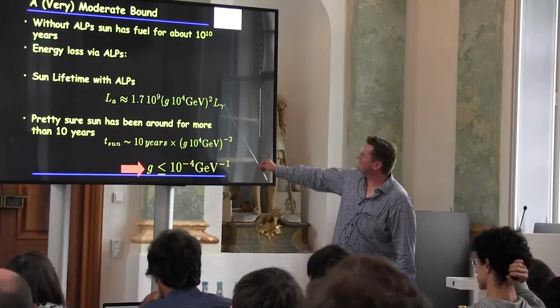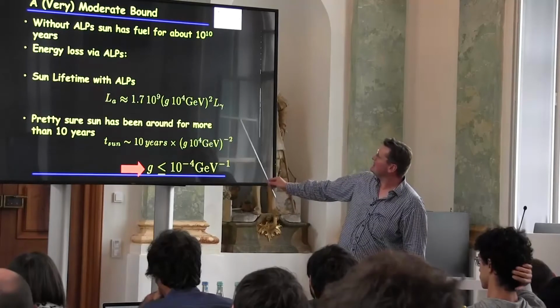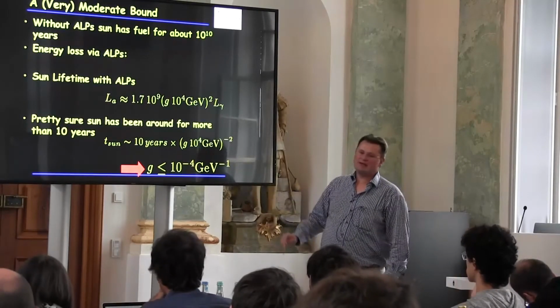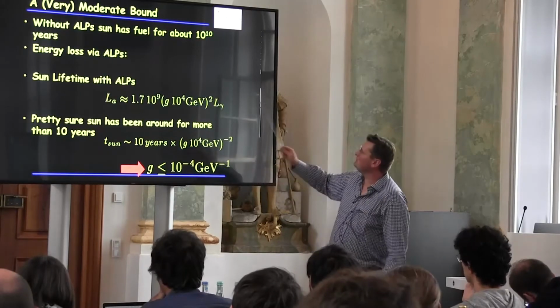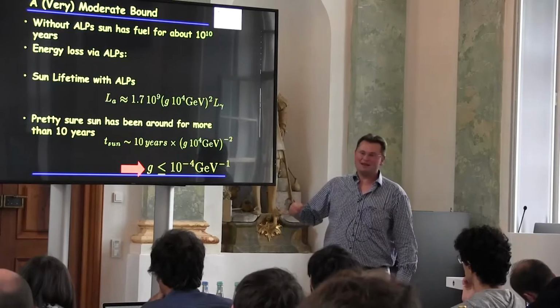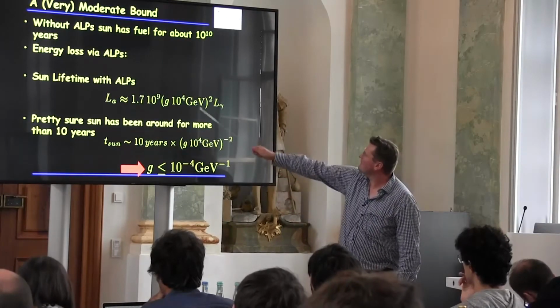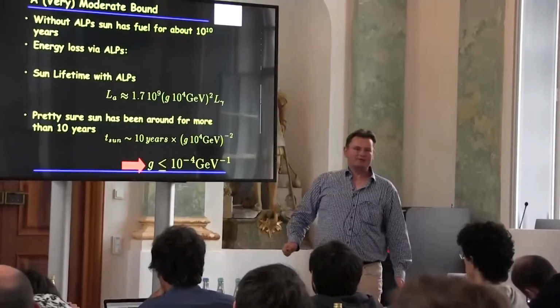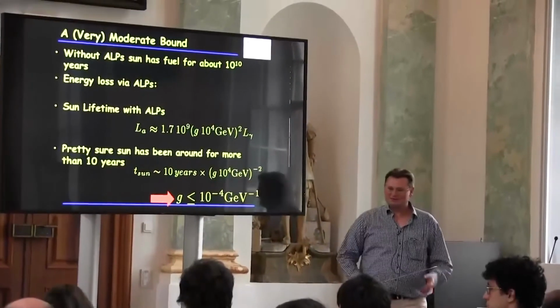And I picked these numbers on purpose because the sun has a lifetime without any axions of about 10 billion years. So if it's now 1 billion times brighter in axions, or loses energy 1 billion times faster, then basically the lifetime of the sun would shrink to about 10 years.